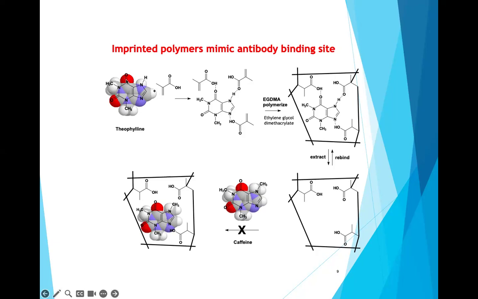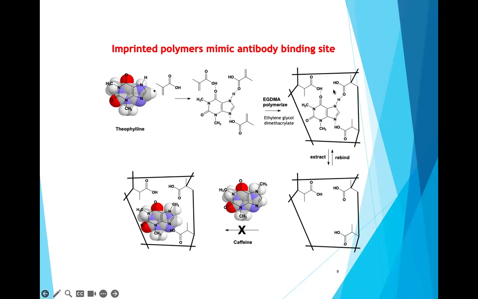Now you know you have a ketone group and methyl groups, and then you have the monomer with carboxyl groups. So you have to be aware of the functional groups of the template as well as the monomer.